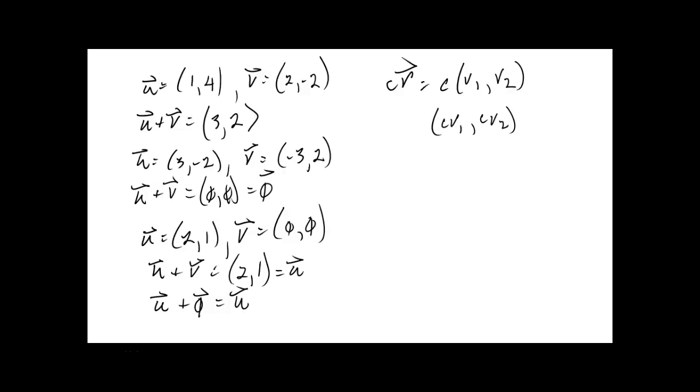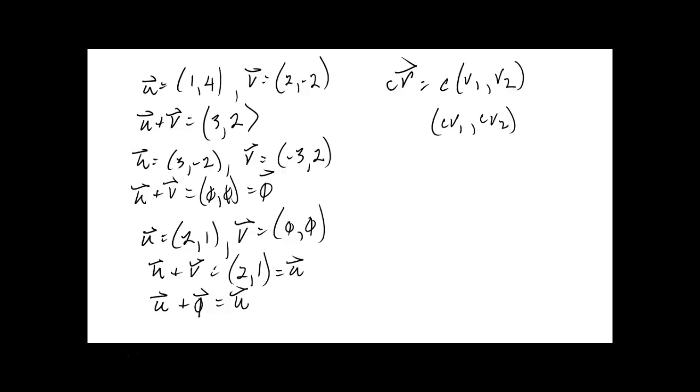And if c is a small negative number, like between 0 and negative 1, then it's going to be a shorter vector in the opposite direction. If c is a negative number with magnitude greater than 1, then it's going to scale it longer in the opposite direction.